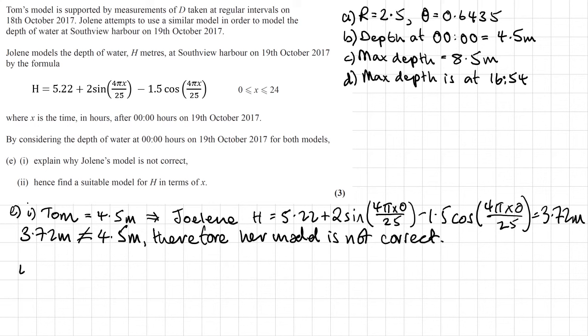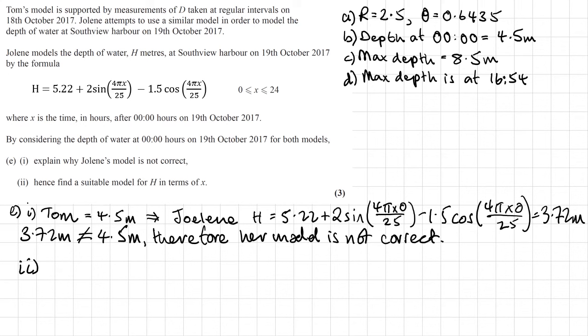Part 2 of Part E says, hence find a suitable model for H in terms of x. So I would say what we need to do is to take Tom's model and just continue it for the next 24 hours. Now his model that we had before was just for t from 0 to 24. So we want to just add on another 24 hours.